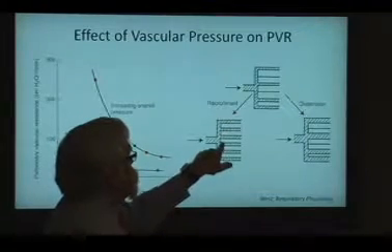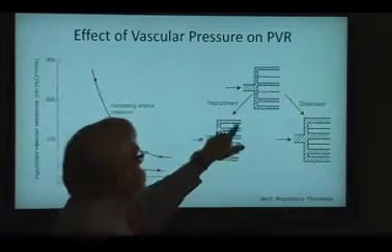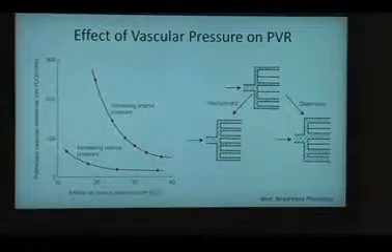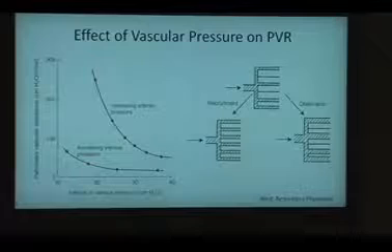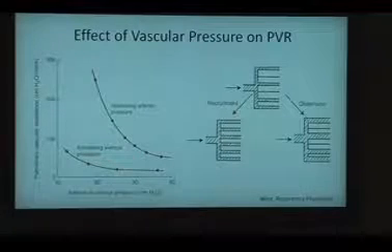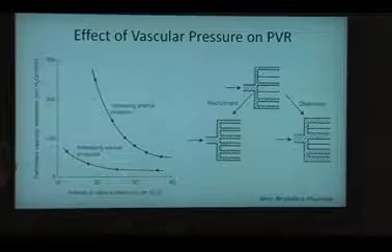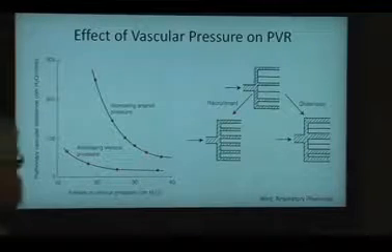So now there's blood flow through this vessel and this vessel where there was not previously. The result is to increase the cross-sectional area for blood flow, and if there's a larger cross-sectional area for blood flow, there's less resistance.